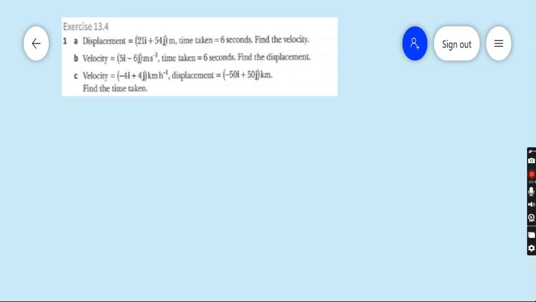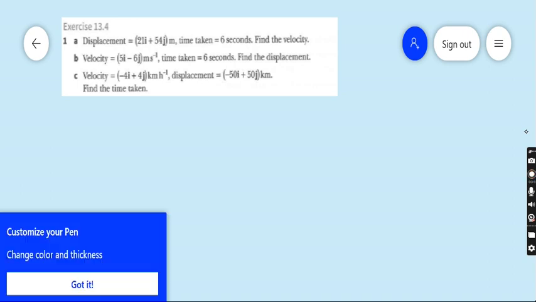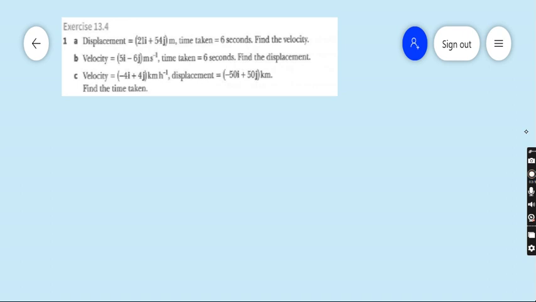Question number 1, part A. Displacement, which I represent by capital D, is 21i plus 54j, and time, which I represent by small t, is 6 seconds.